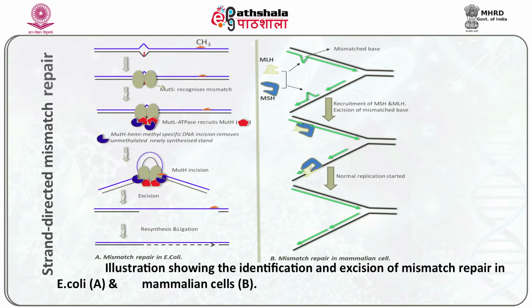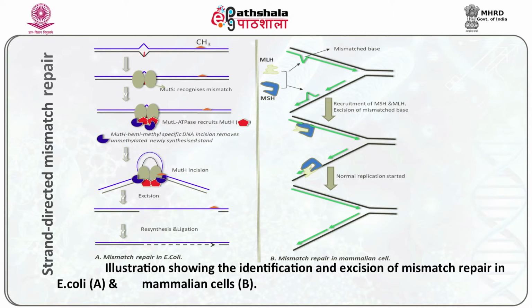This figure shows the identification and excision of mismatch repair in E. coli and mammalian cells. Newly synthesized strands are often non-methylated for some time. In E. coli, Mut-S first identifies the mismatched nucleotides by non-methylated adenine groups and recruits Mut-L ATPase, which facilitates recruitment of Mut-H hemimethyl ATPase.